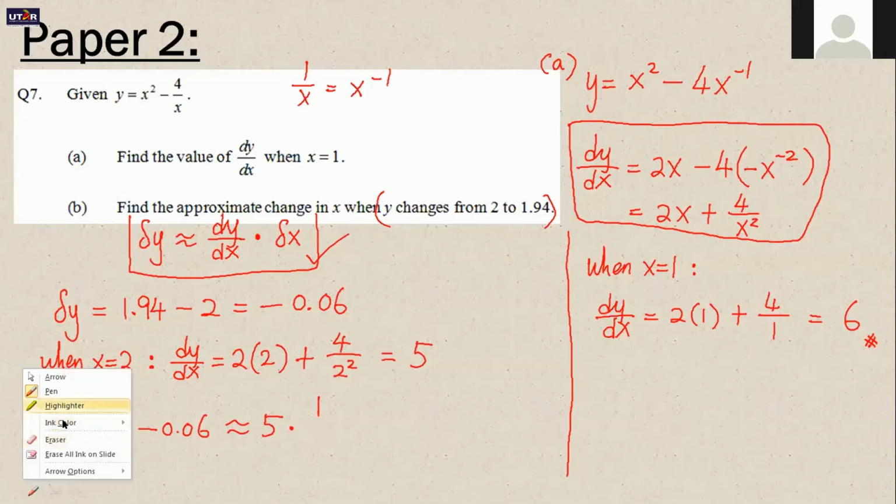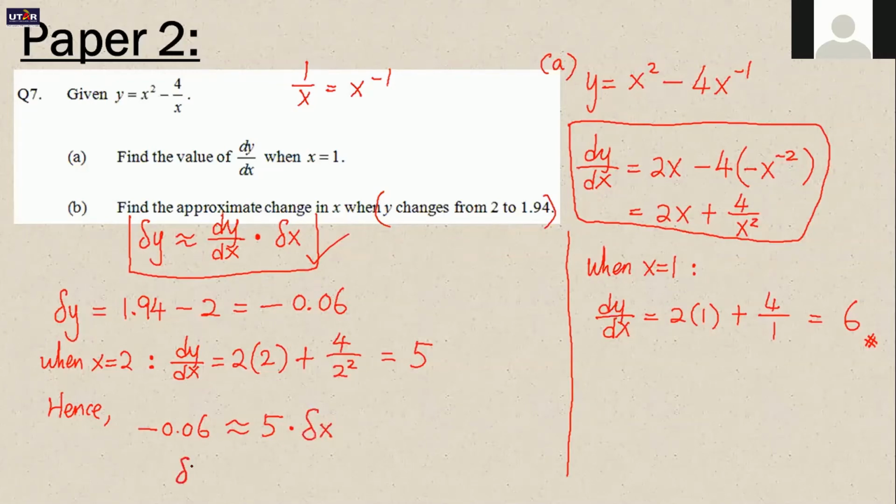The question would like to find the delta x, the small change or approximate change in x. So of course, we know that delta x will equal negative 0.06 divided by 5. So that's why we have negative 0.012. Okay, so this is the answer for part B.